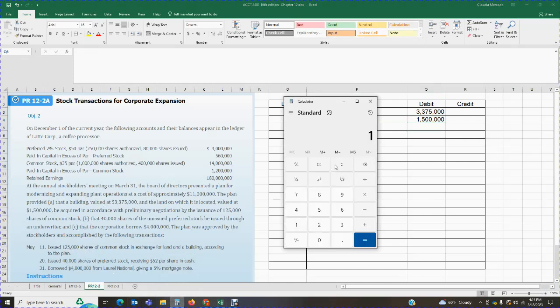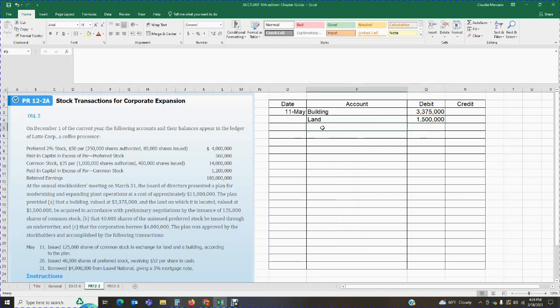Okay. Now, it says here that we issued that for 125,000 shares of common stock. If we look at our common stock, each share of common stock is $35. Okay, so we issued common stock of $4,375,000. Okay, so that is how much common stock we issued. So we've got 125,000 shares at $35 a share.